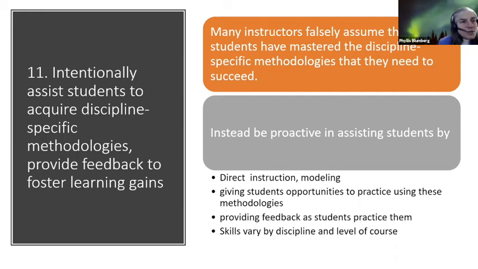How to evaluate evidence? How do you communicate using the conventions of your discipline, such as using proper citations, the use of equations, whether or not you do footnotes, how to conduct research that's appropriate for the level of course, and how to use laboratory skills. So this is when we want to intentionally assist students to get this.